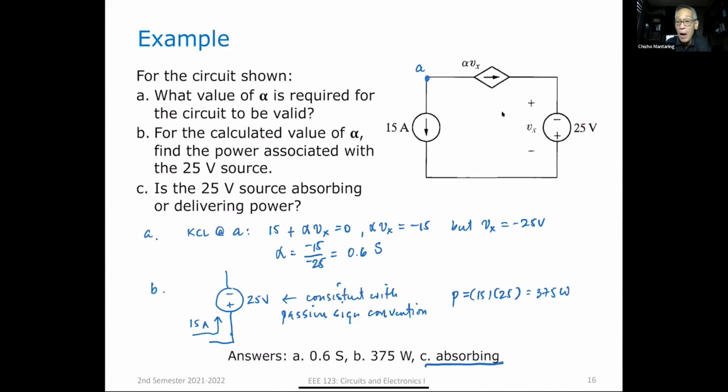It is absorbing power from the 15-ampere source. So instead of giving power, it is receiving power. Okay? So that's the answer to this example.